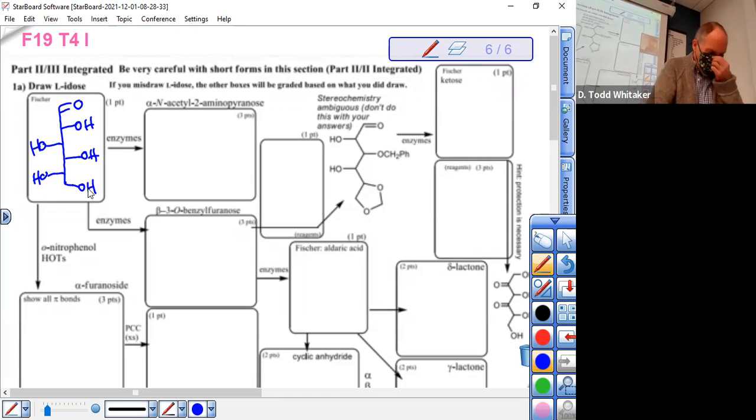And then it says some enzymes are going to convert that to alpha N-acetyl of 2-aminopyranose. So I want to remind you, carbon 2 is no longer an OH, it's an NH on the same side.